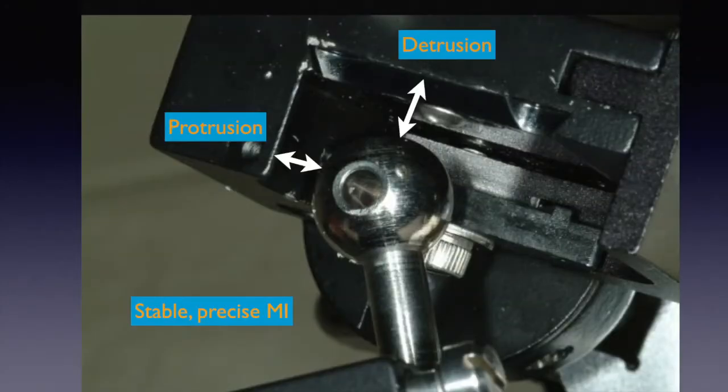Remember this patient from part 1. This particular joint for her in MI has some protrusion and some detrusion. So to achieve centric relation for this particular joint, the condyle has to retrude back to centric relation and surtrude up to centric relation.